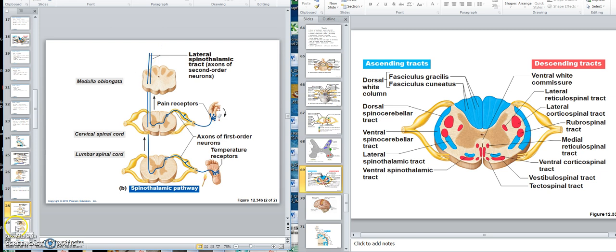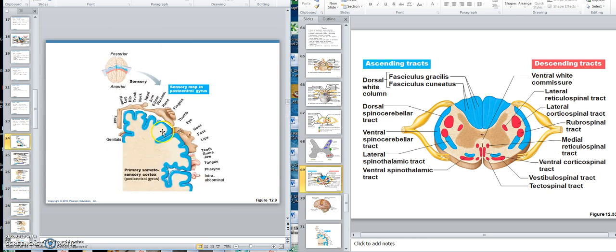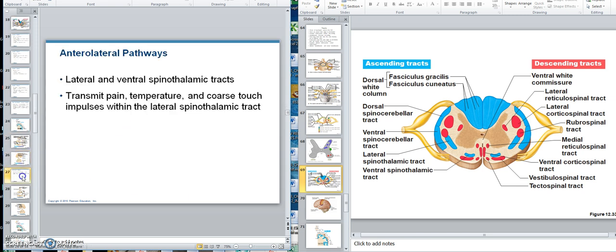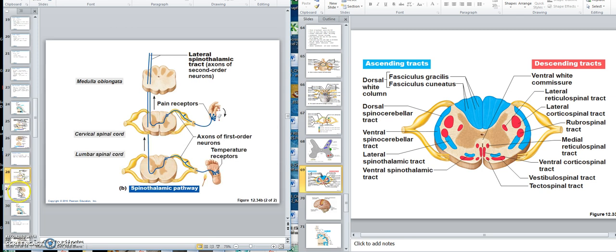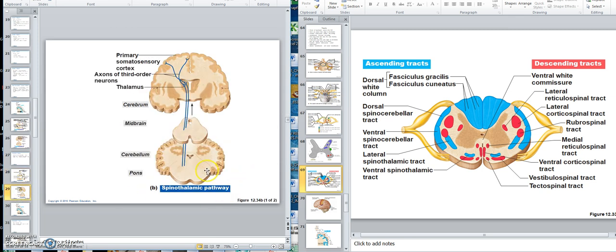The brain would interpret it on the right side. Spinothalamic, see, we're coming up, and then we go into that area there. So since this was this guy's foot, it would be interpreted on that other side.